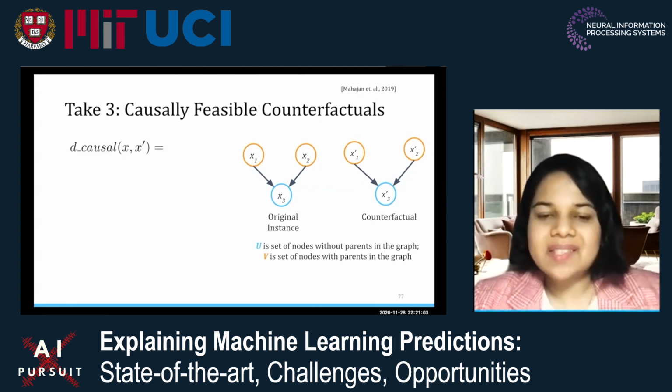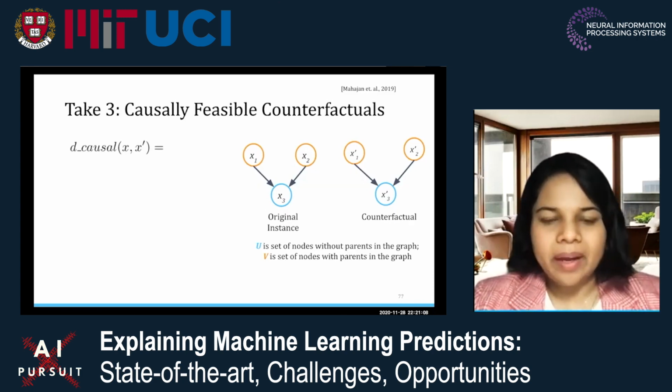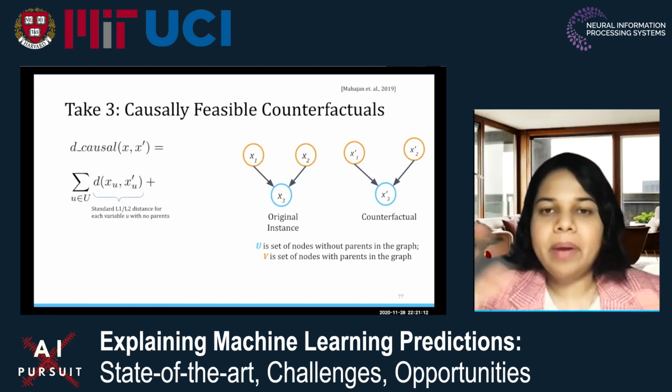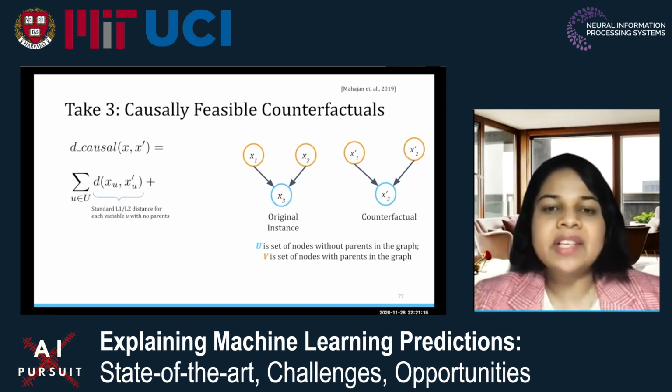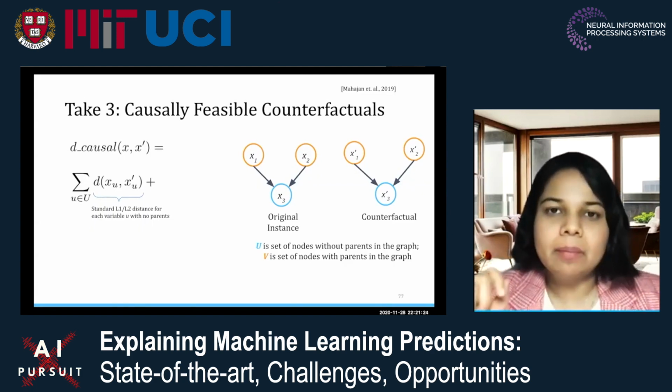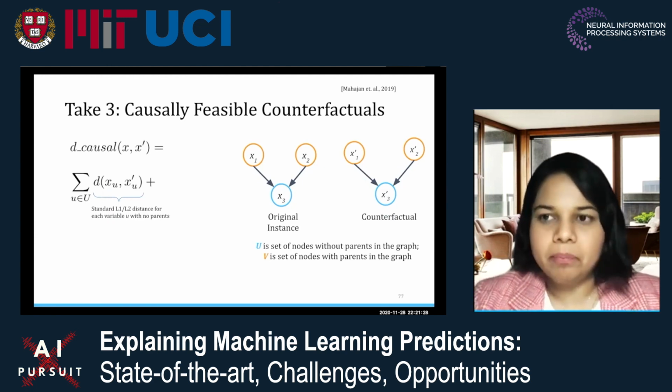And using this definition, they define this new distance metric, where for each feature U for which there is no parent in the causal graph, they essentially use the same old standard L1 or L2 distance between the corresponding feature values of the original instance and the counterfactual. That is, they compute the distance between XU and XU prime. Okay.